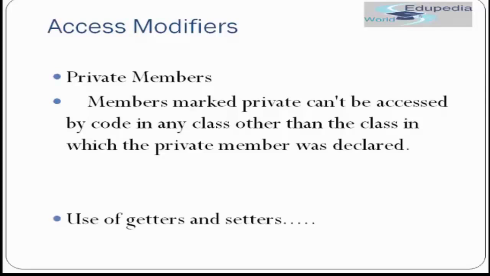Use of getters and setters. Whenever you make a private data member, then in order to access it, we make getters and setters. Getters and setters are nothing but public member functions of a class that are used to access the private data members.